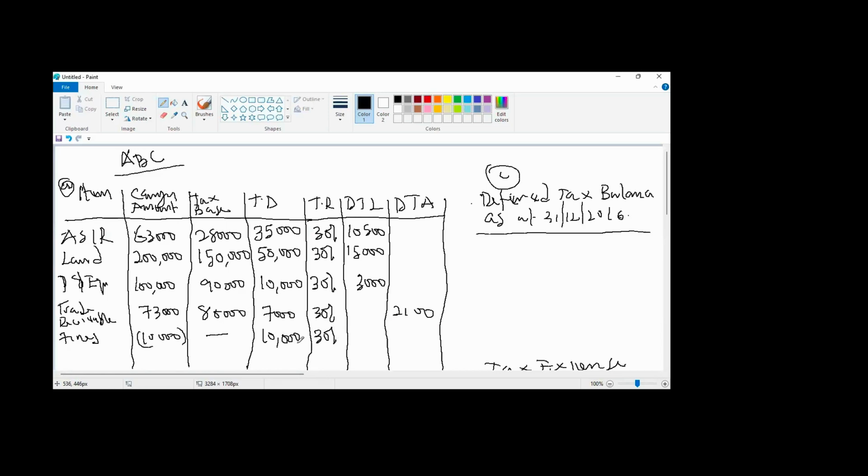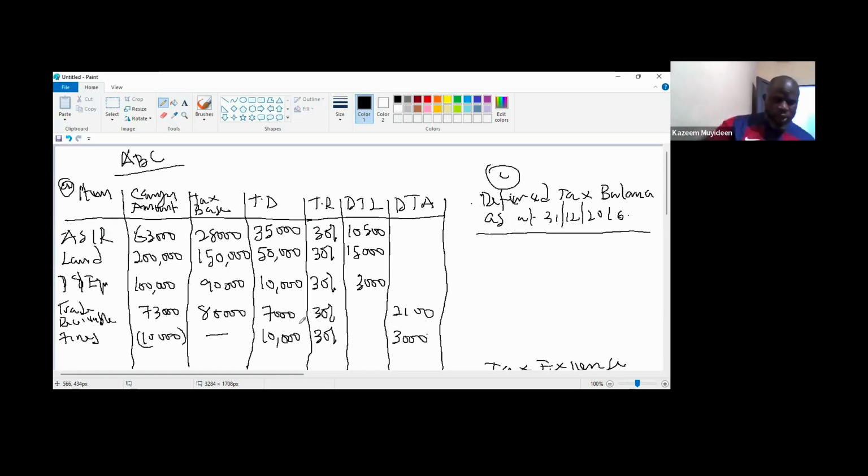It's an asset. Asset of how much? 3,000. Good. Let's go back to interest receivable.